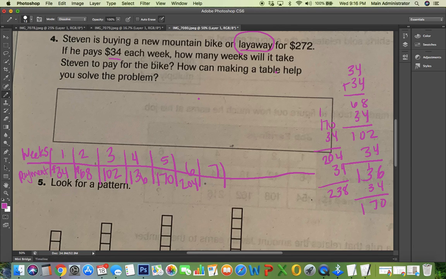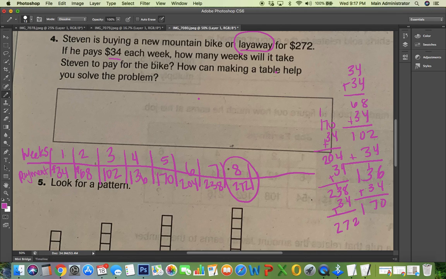That's 238. In week 8. Getting close. Got $34. I'm adding all these, right? Adding all of these. This is 272. Bing, bing, bing, bing, bing.